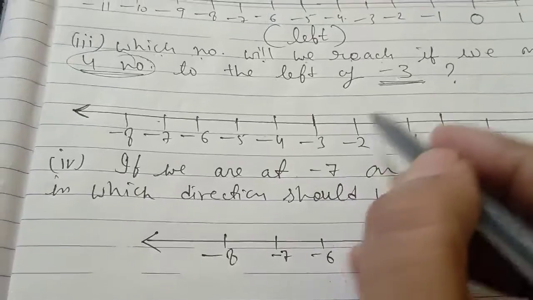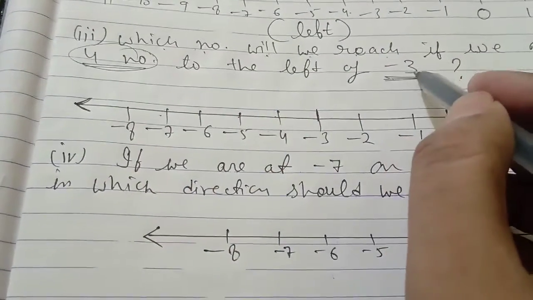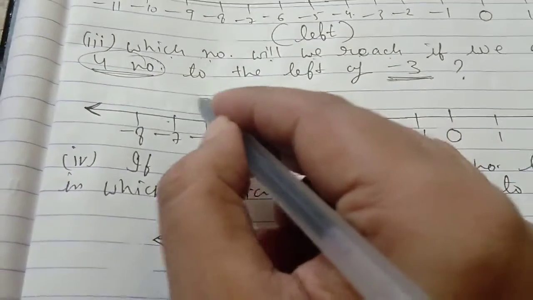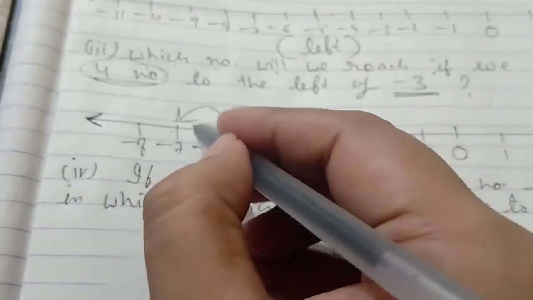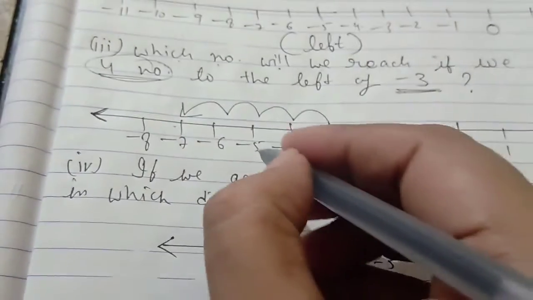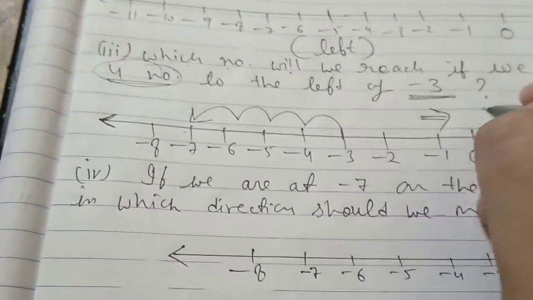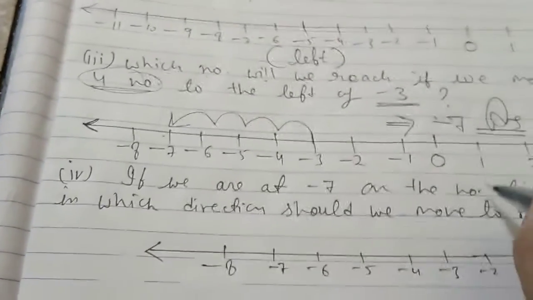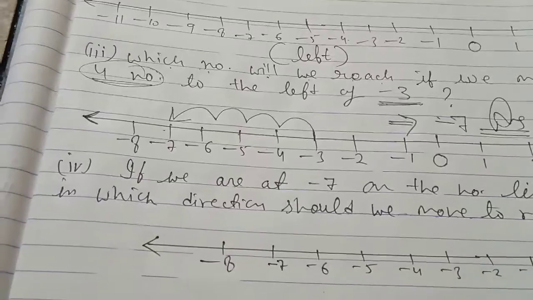Left side is this side. From -3, 1, 2, 3 and 4. Coming to 4 steps we have reached the number 7, so our answer is -7. Here there is no space, you can write the answer here.